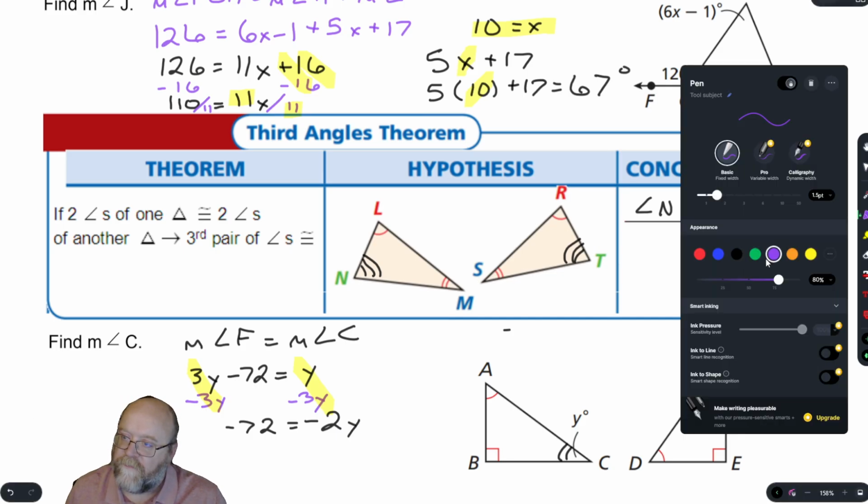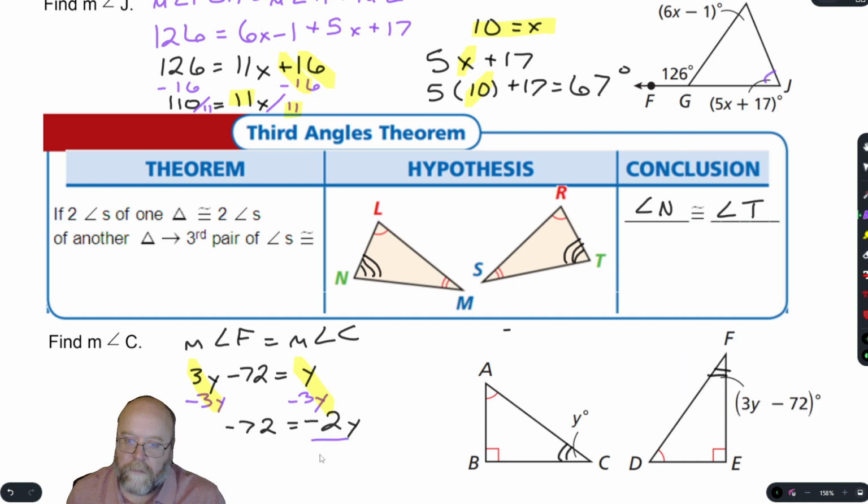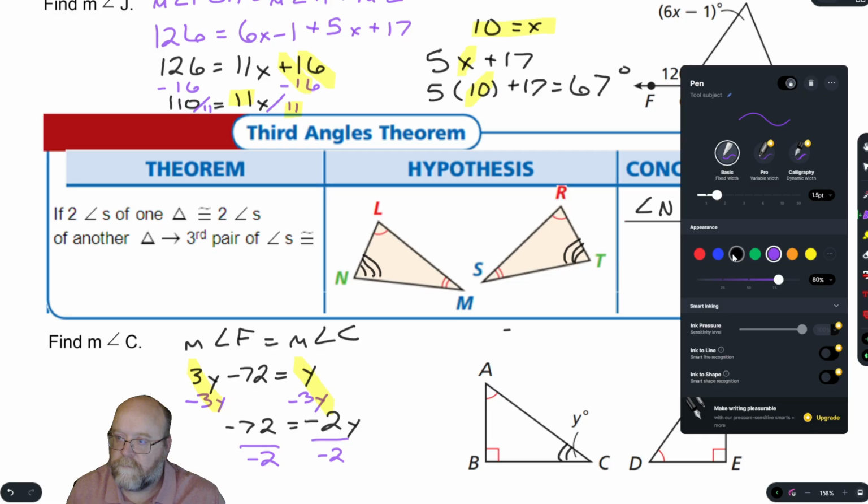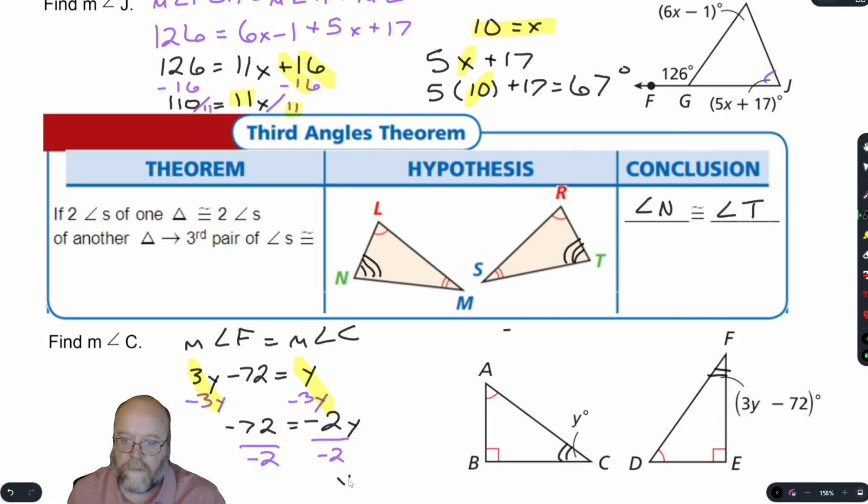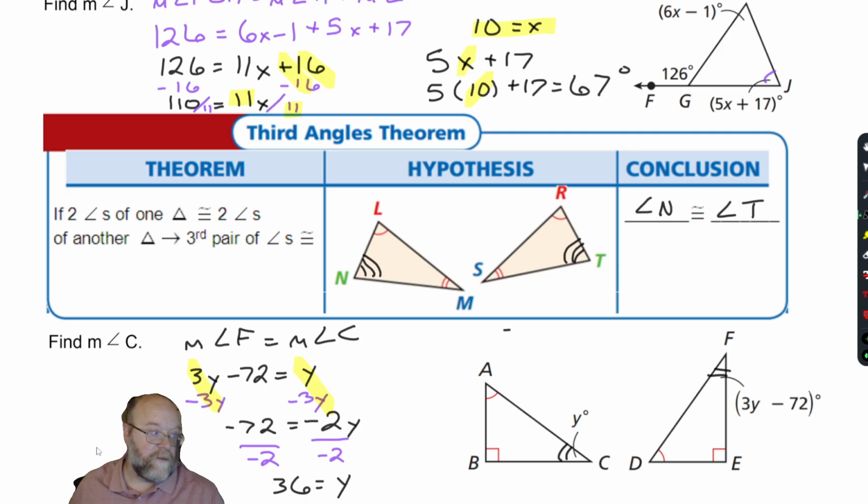And then we divide by negative 2. Can you still see? Yes, you can. What's y going to be? Have you figured it out yet? Y is equal to 36. It's positive too.